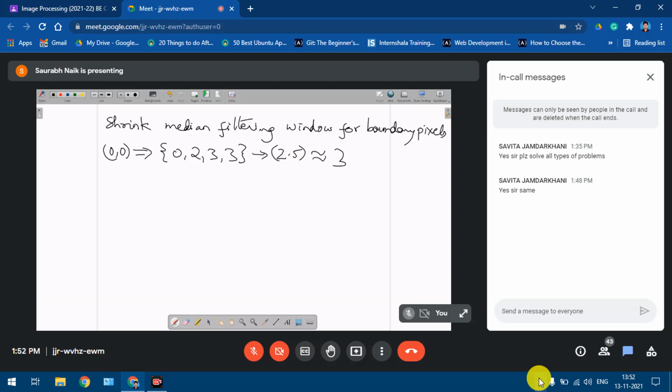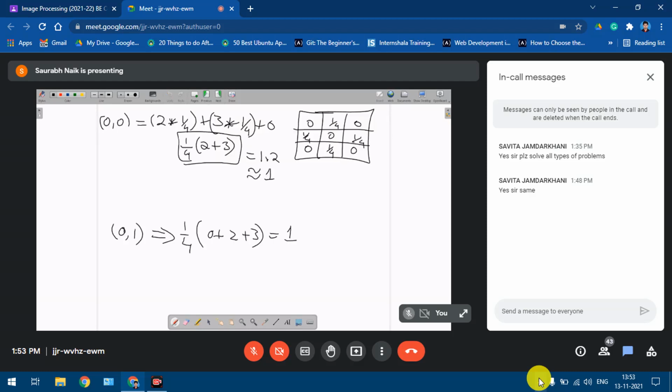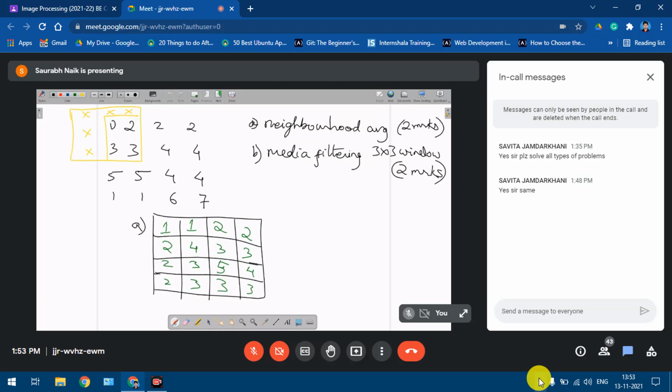Then the next is this particular pixel, that is 0, 1. So I'll have this window shifted by 1 value to the right.